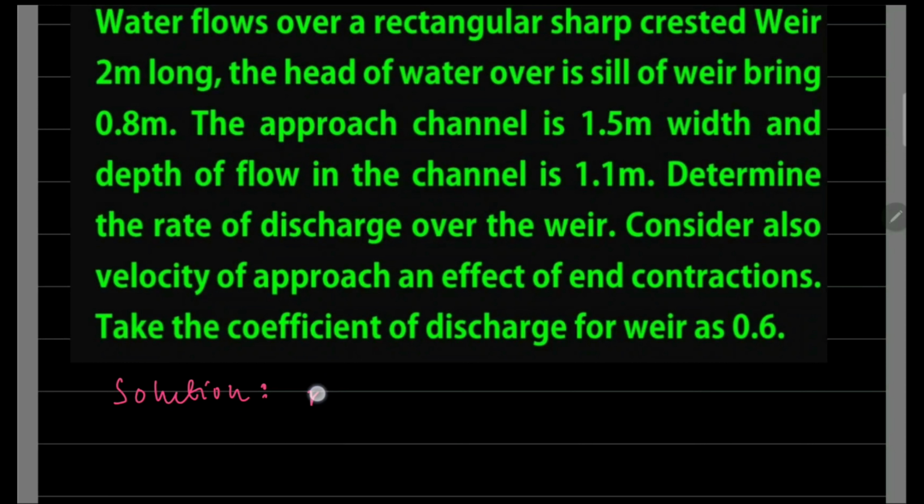So here the number of contractions at the end, that is end contraction, is 2, and the length of the weir is given as 2 meter.